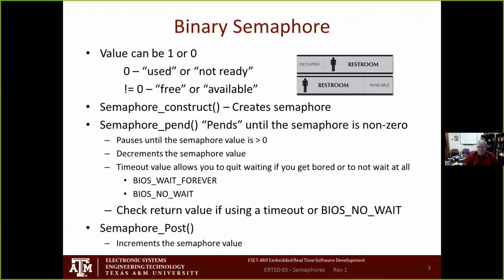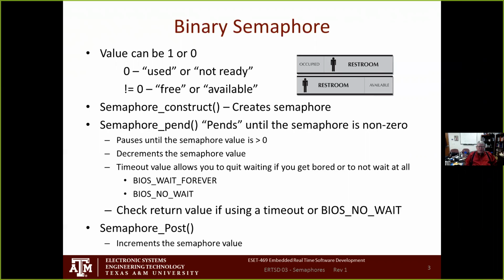So when we do a semaphore pend, it's telling the operating system, hey, I want to stop here until somebody puts something in this semaphore. So a semaphore pend will pause the task until the semaphore is greater than 0.